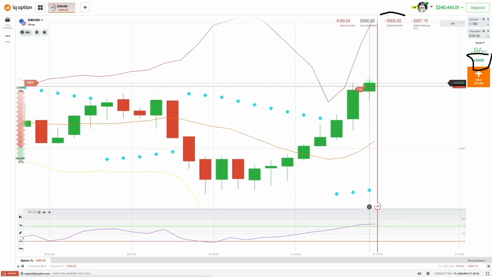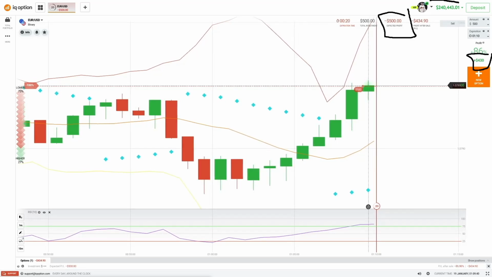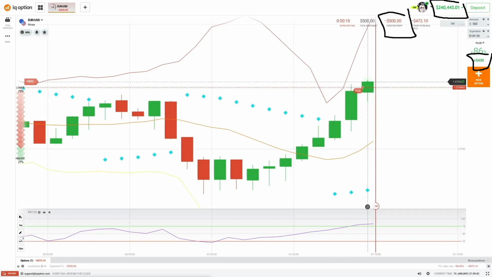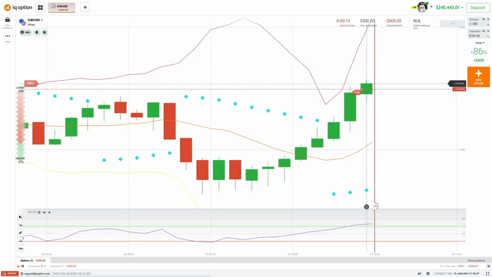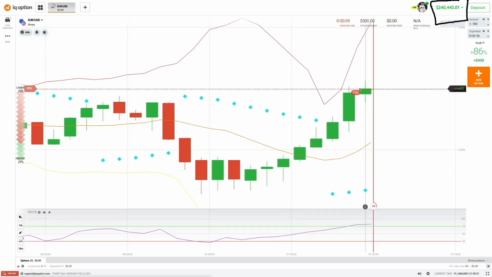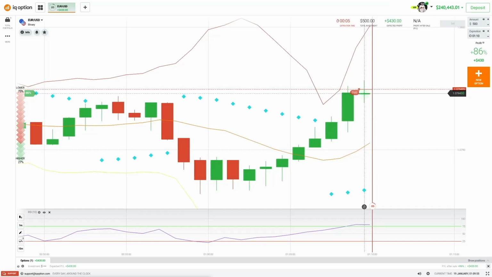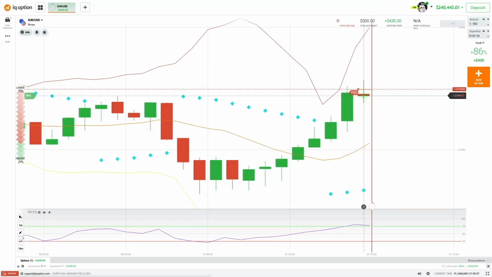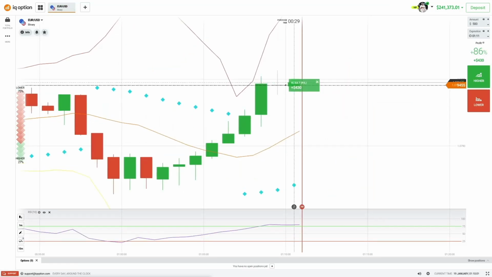If my prediction is wrong, I'm losing $500. As you can see, we started with $237,000, and now we are at $240,000. Yeah, my prediction is right. $240,000. Let's go. Amazing.